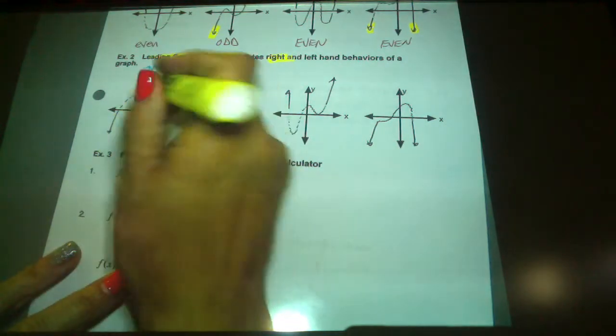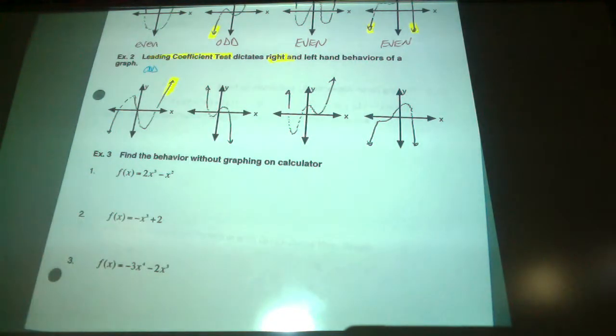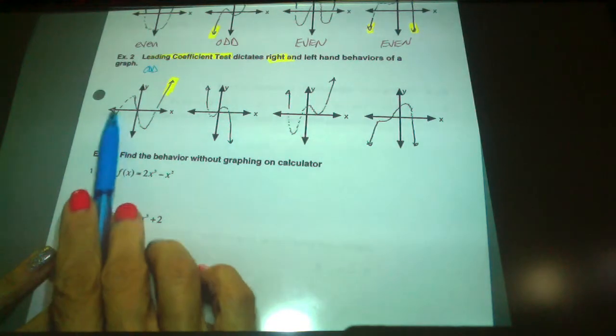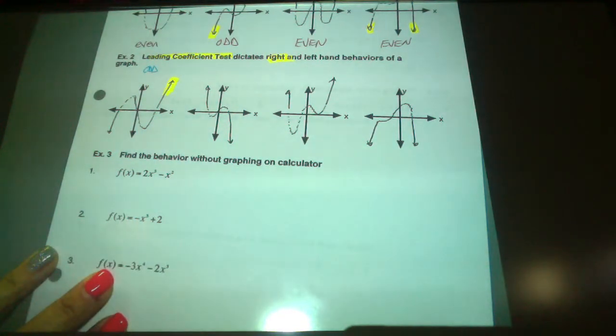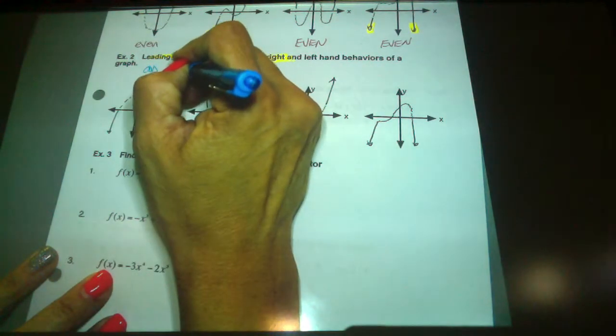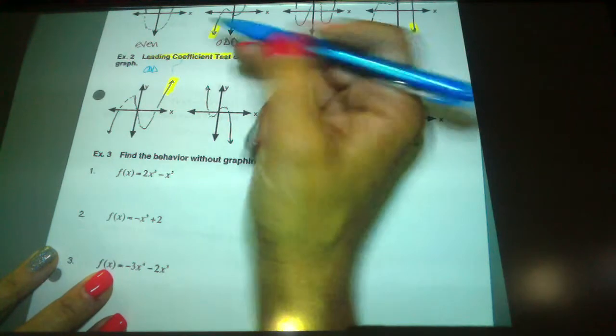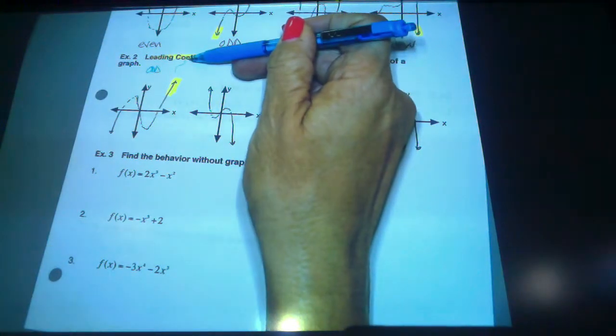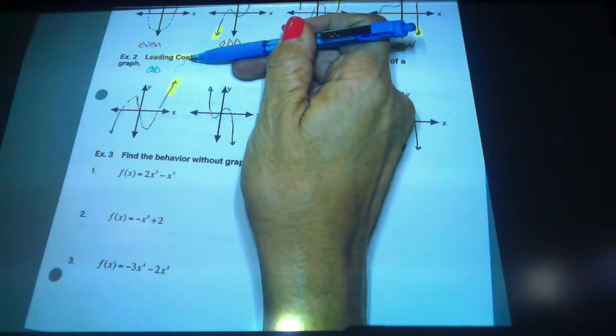So on this one, the right-hand behavior is up. And if you think about the normal cubic functions, this is an S-curve, so it's probably a cubic function, and it crosses the x-axis 1, 2, 3 times. So it's probably to the third degree. Doesn't the normal cubic function start in the lower left and go to the upper right? So the right-hand side is going towards positive infinity.